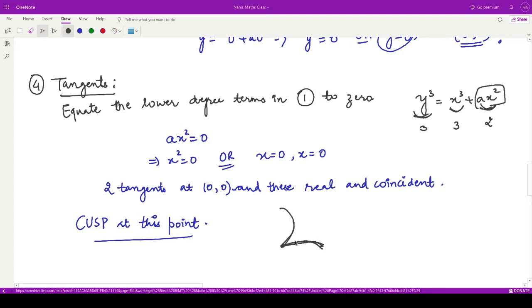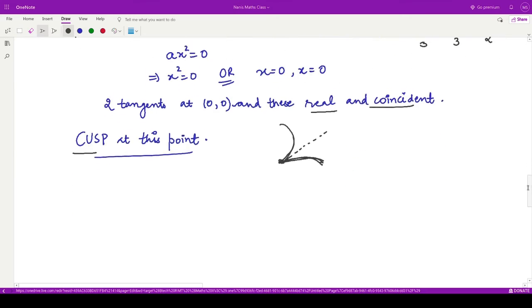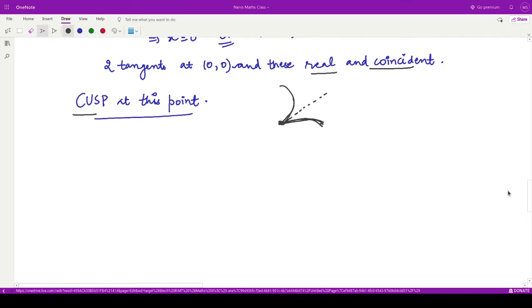And moreover, these two branches would have the same tangent. So we have the same real and coincident tangent available at this particular point for this curve. So we obtain a cusp at this particular point. So thereafter, let us evaluate the asymptotes.